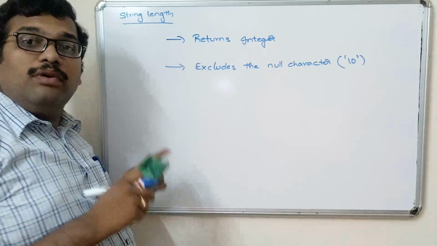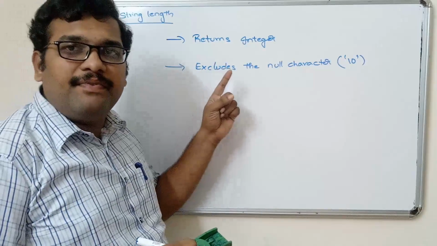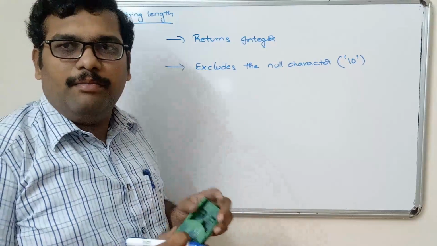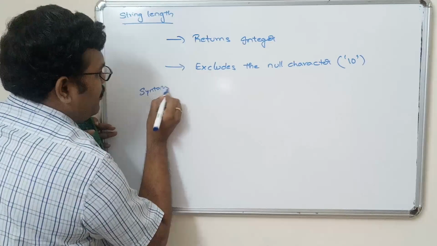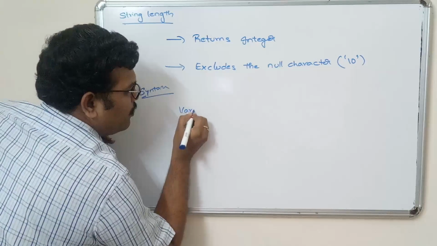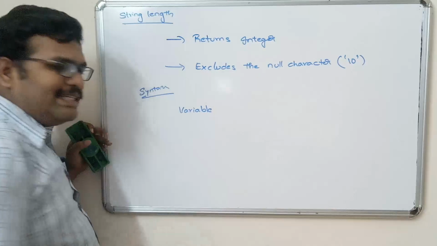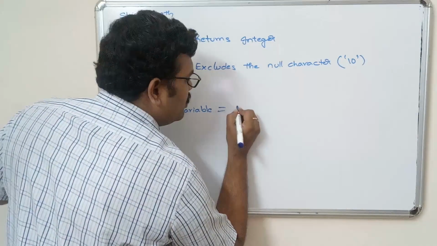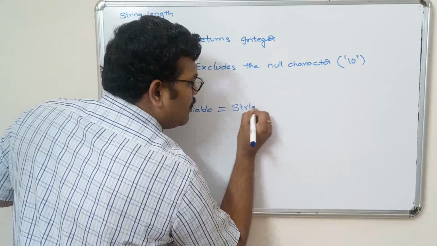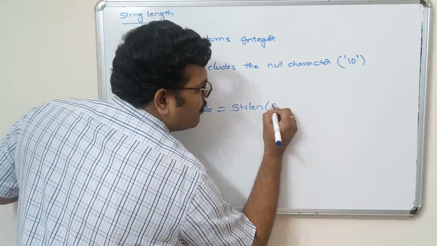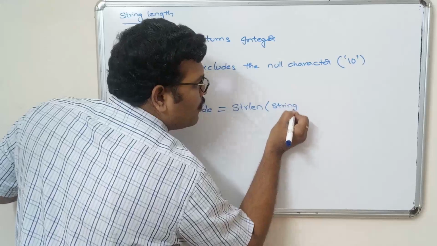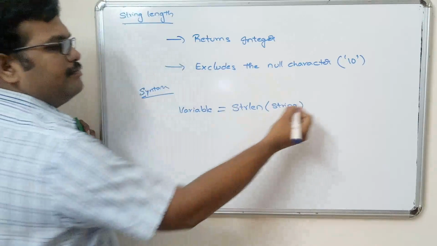We have to assign this predefined function to a particular variable. So the syntax will be: some integer variable is equal to strlen of string.